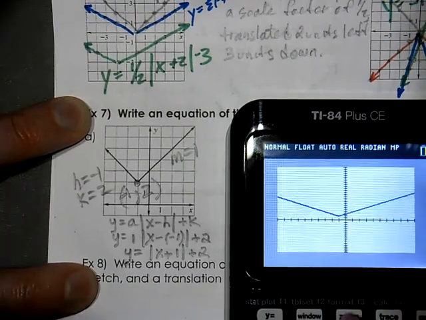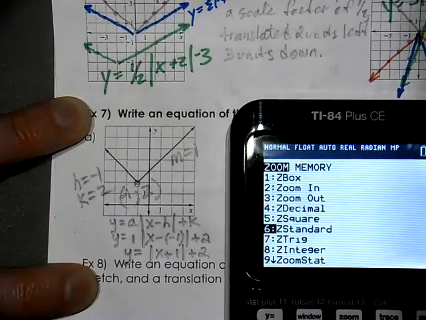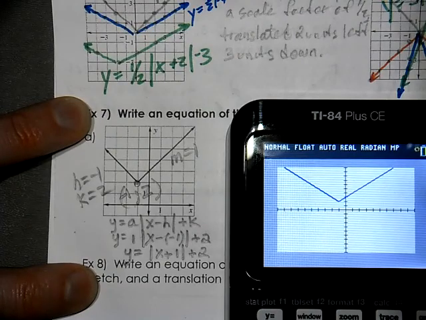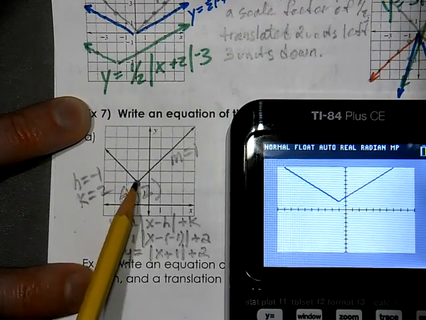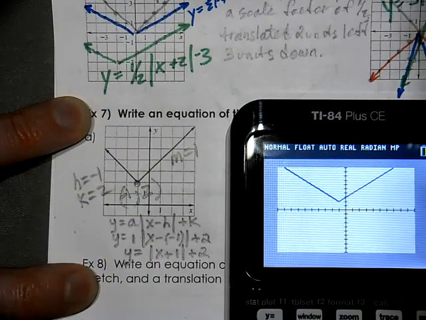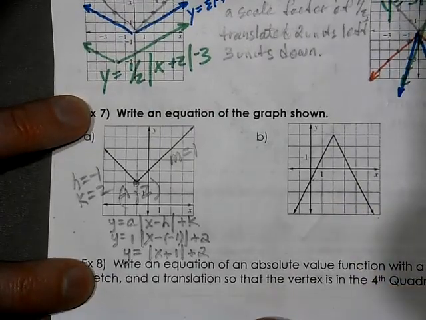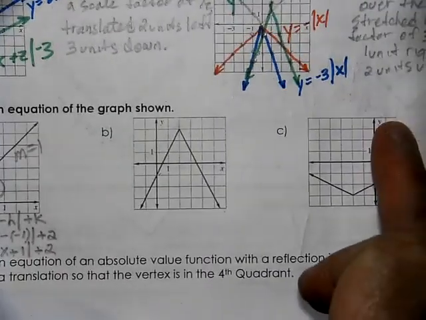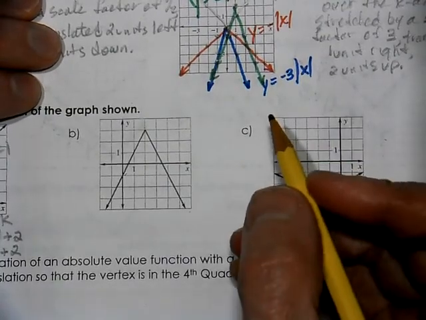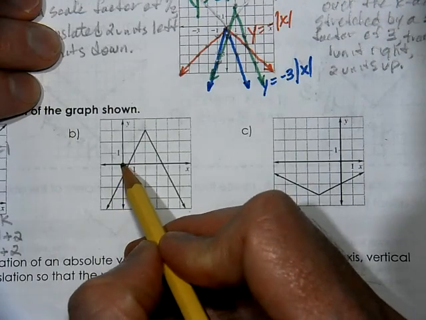Let's go to zoom number 6. That's just standard, take it back to a normal graph, and this looks a little bit more like it may here. Okay, so same place. That gives you an idea of using the graphing calculator, and you can check your work, at least while you're doing your homework. The calculator is not always available during every test and quiz.